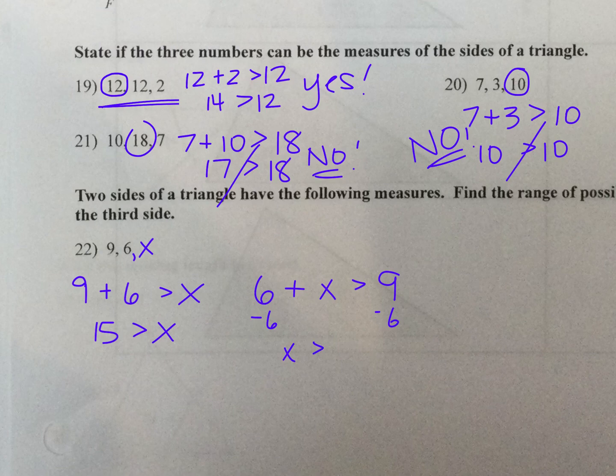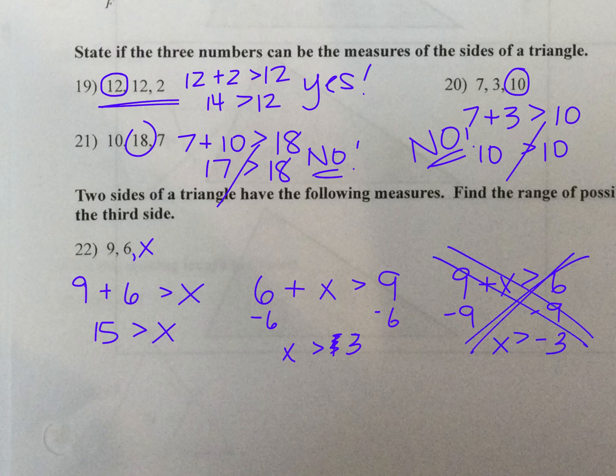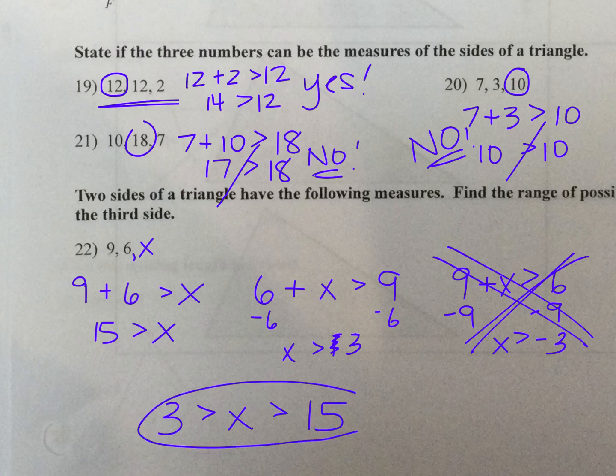So that means x is going to have to be greater than 3. And if I did the last one, I would say 9 plus x is going to be greater than 6. x has got to be greater than negative 3. We can't have a negative measurement. So I'm going to say that x is going to be greater than 3 but less than 15. And that's your final answer.